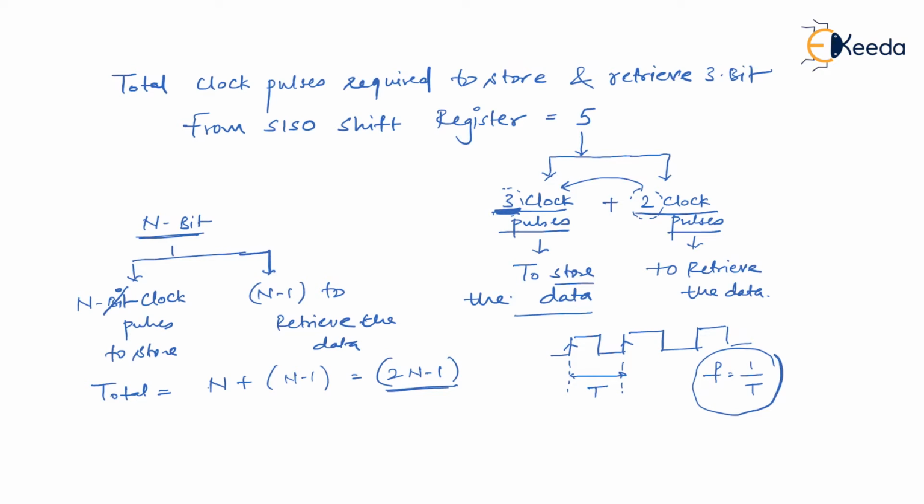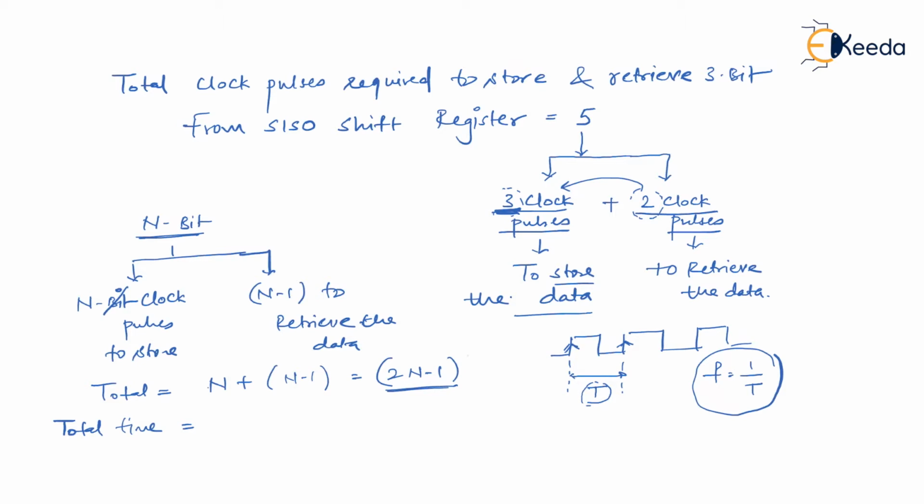Now, what I'm interested in is the total time required to achieve this task. It is very simple. If I say that the time spacing between 2 positive edges is T, that is, after every clock period T, 1 bit gets shifted or 1 bit transaction happens.